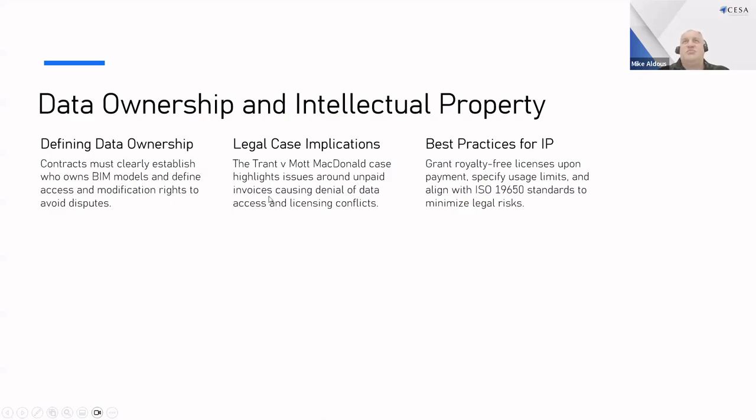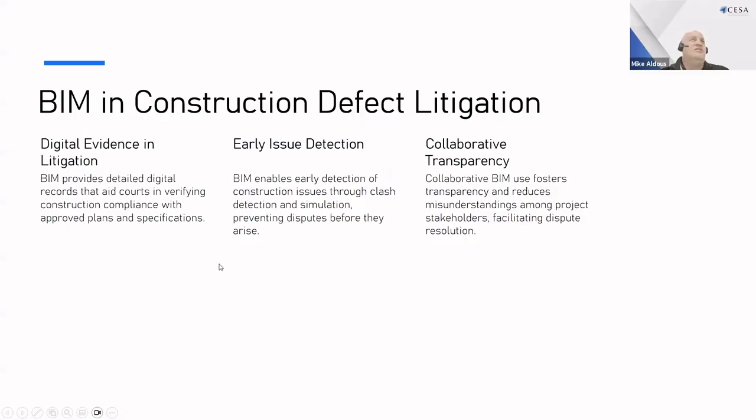And the best practices for intellectual property are effectively required to be in context. I think this needs to be developed further legally. So the other aspect is BIM and construction defect litigation.